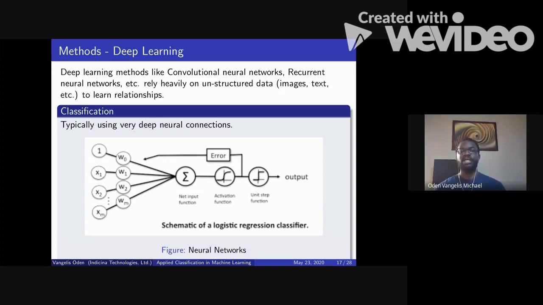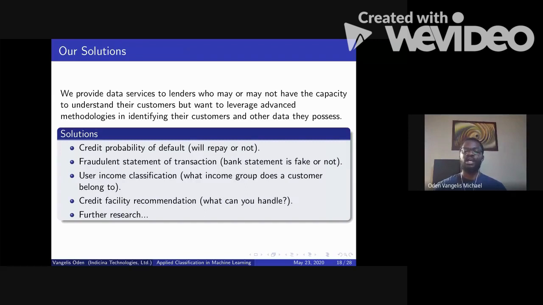Deep neural networks, or deep learning, is a more advanced method and is really, really data hungry. So if I'm going to feed it data to learn, then I have to feed it a lot of data, right?